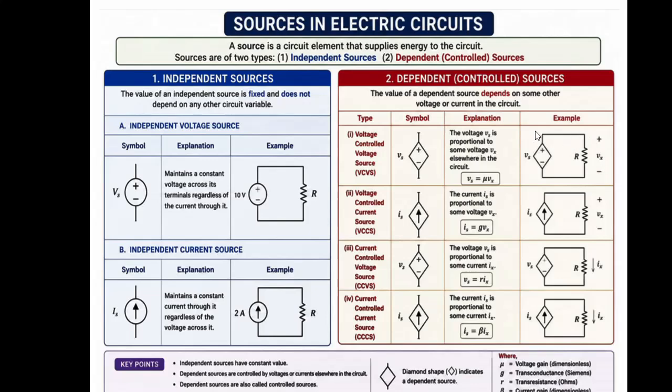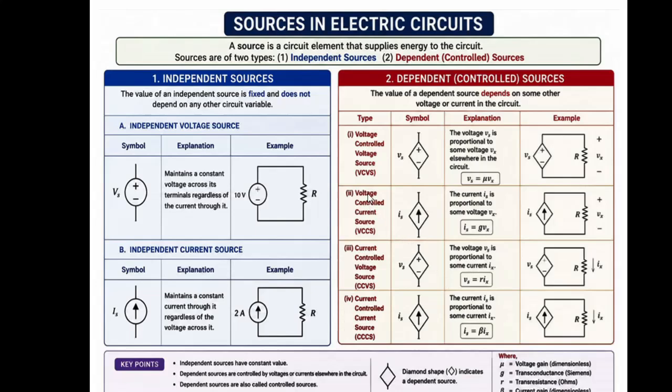We define the voltage controlled voltage source as a voltage Vs proportional to some voltage Vx elsewhere in the circuit. That elsewhere is the voltage across this resistor. So we can represent this as Vs equal to mu into Vx. What is mu? Mu is the voltage gain.